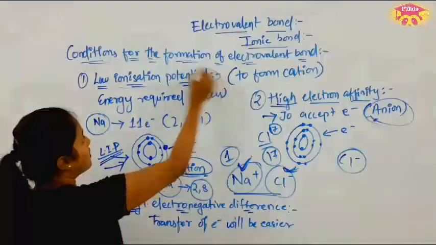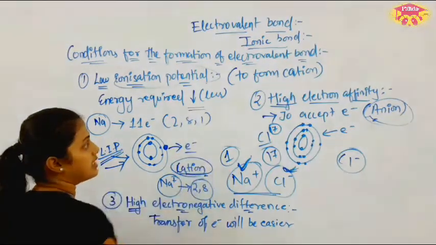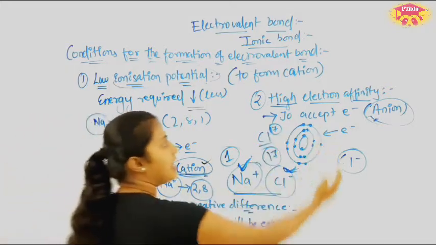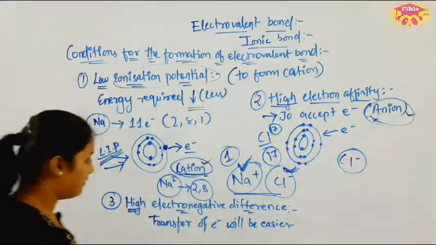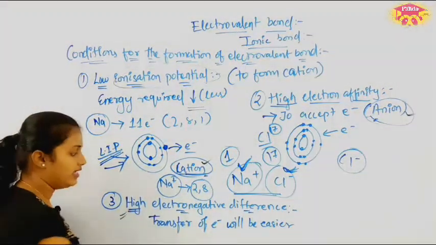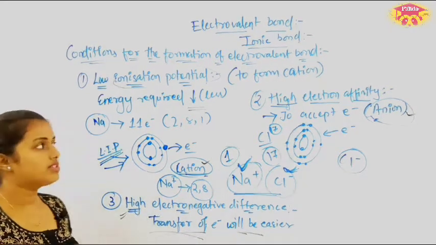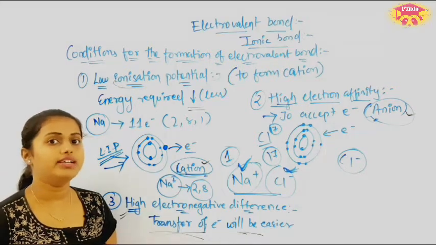When the ionization potential is low, it can donate electrons to form a cation. When it has high electron affinity, it can easily form an anion, right? And when the electronegativity difference is higher, the transfer of electrons will be easier. So students, these are the conditions for the formation of an electrovalent bond.